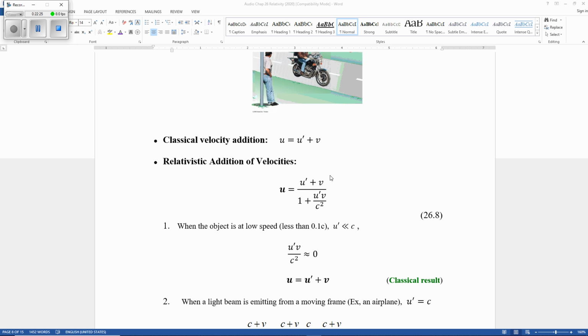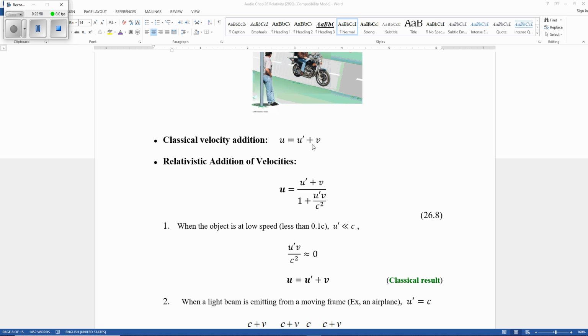Well, we have two rules. Number one, if the speed is very low compared to the speed of light, this equation must reduce to the classical one. So we're going to check that: at low speed, this equation is going to reduce to classical.